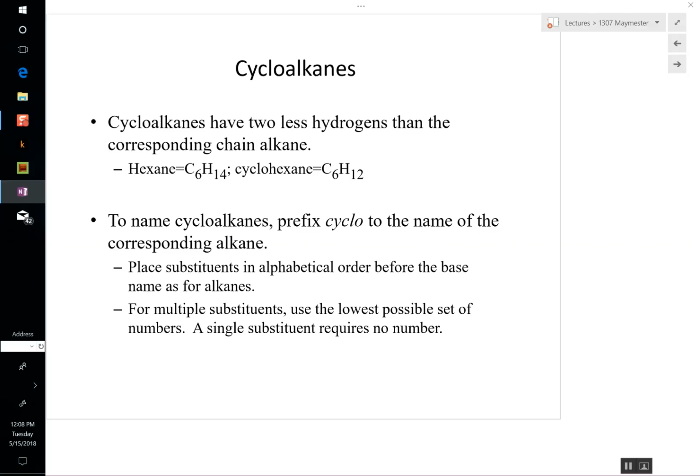But it's long enough now that carbon number 1 and carbon number 6 can get close to one another. And notice I can clamp that together. I'm taking off 2 hydrogens. And I've got 6 carbons in a ring, each one of them has 2 hydrogens on it.